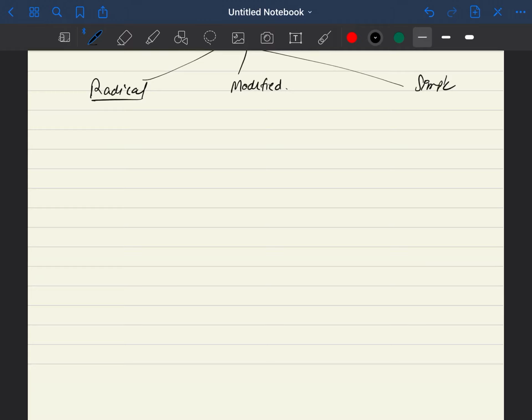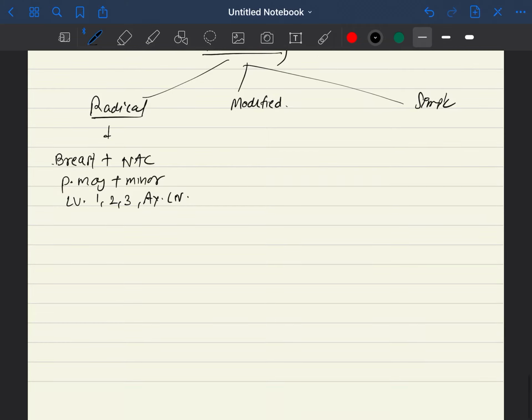In the radical, we remove the breast plus NAC, as I already told you, nipple areola complex, also pectoralis major muscle and minor muscle, and level 1, 2, 3 axillary lymph nodes. All right, this is called the radical.